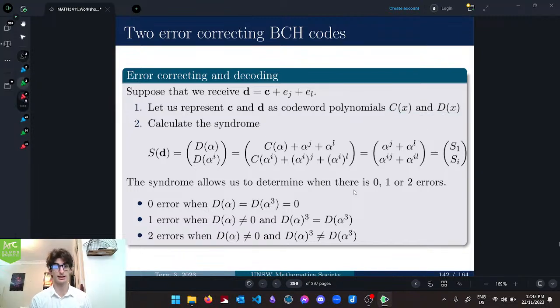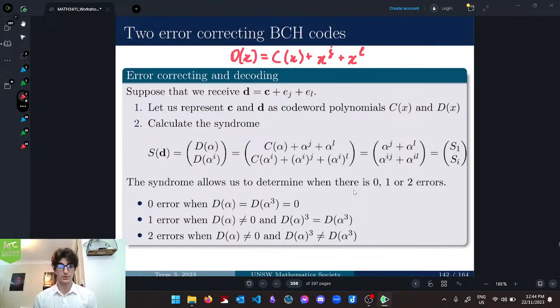That immediately allows us to find a connection of D in terms of C. Just using this, we will find that D(x) is C(x) plus, we know that E_J is going to turn into alpha to the J. We know that E_L is going to turn into alpha to the L, or we'll say x in this situation since we're dealing with x to the power of L.